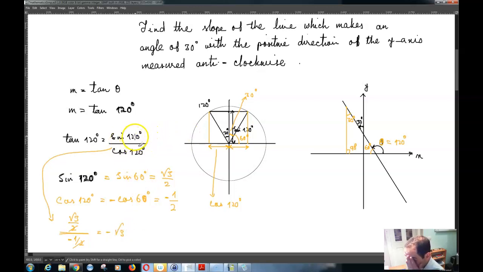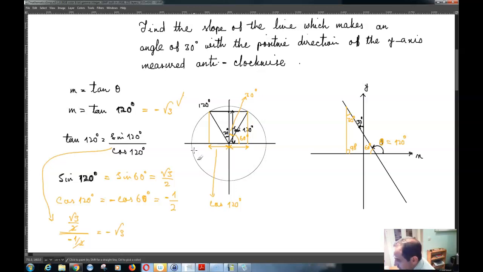So then the slope of this line is equal to negative square root of 3, which is actually the right answer. I did check in the book because I did make a mistake. I had to check. That's one way of finding it, which needs a little bit of logic, and you have to move these triangles around in the unit circle to find that.